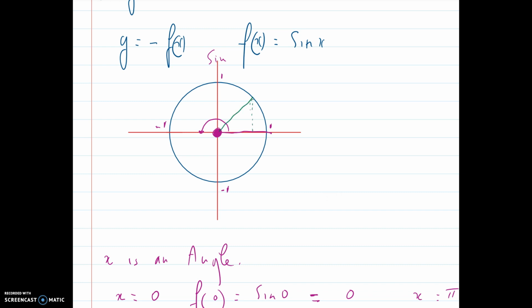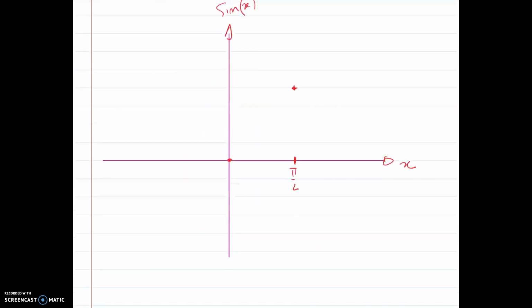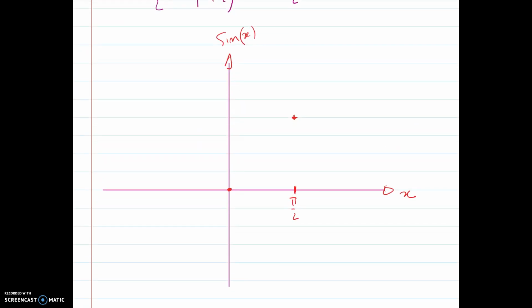This is where you are going to read the value of your cosine, and this is where you are going to read the value of your sine. When your angle is equal to pi, the value of your sine is equal to 0. Therefore, right here, we are at x equals pi.